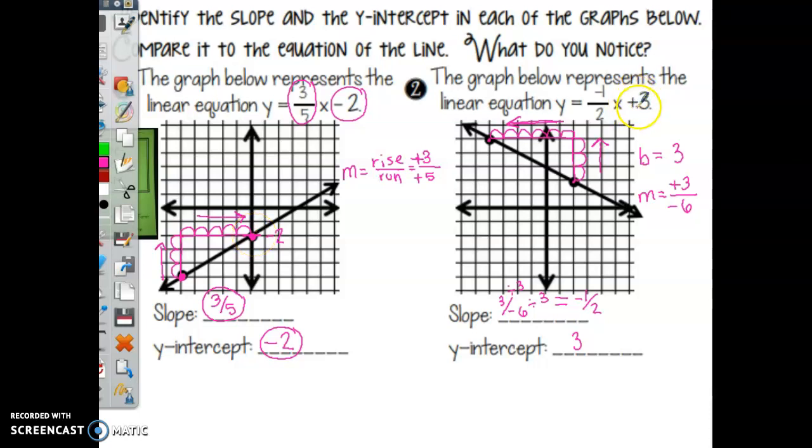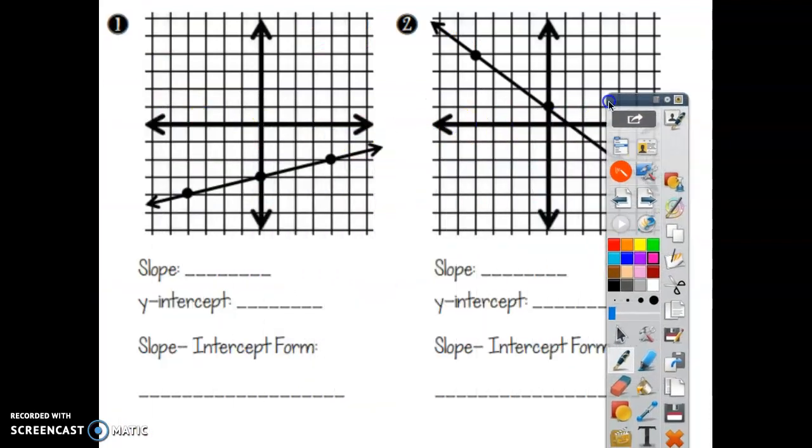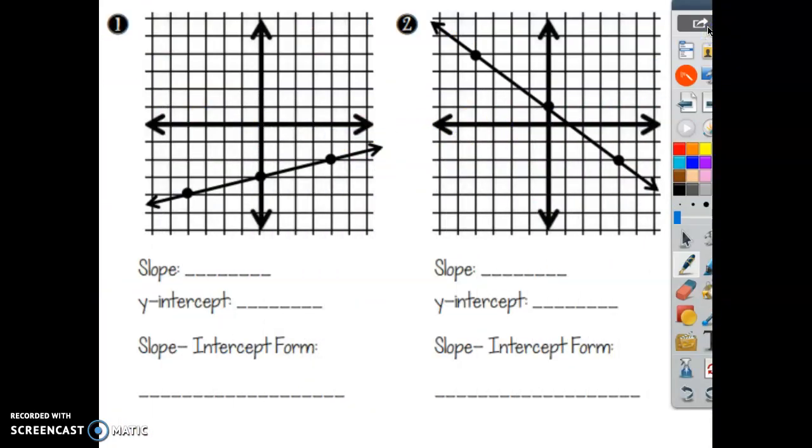And if you have a positive right here, it's going to be above the origin. And then the numbers are just how many units you go above the origin or below the origin. Okay?